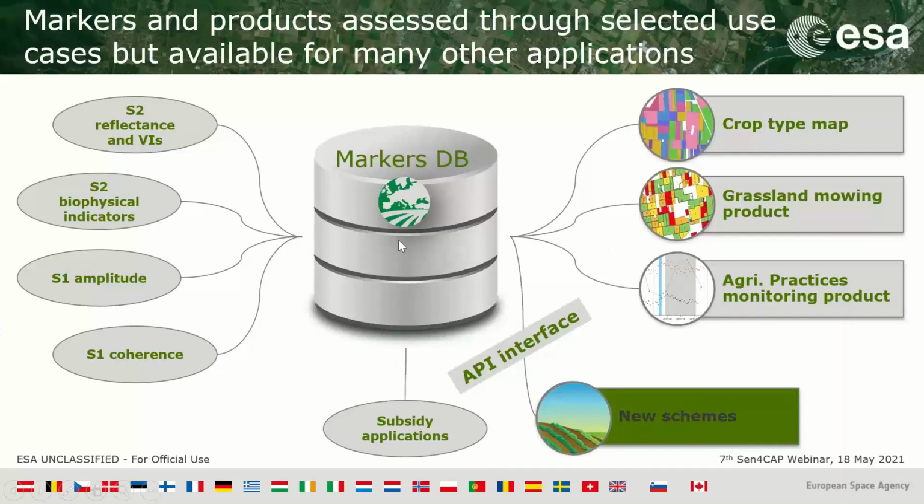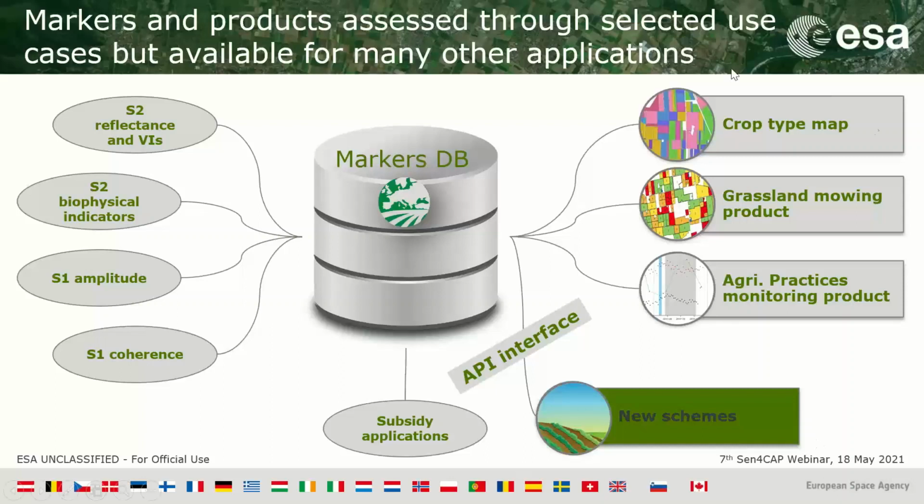So with the new component, which is the markers database, this database computes Sentinel-1, Sentinel-2 features at the level of the parcel for each acquisition. And so this database is really growing along the season, and the markers are then used when you want to derive a higher level product.